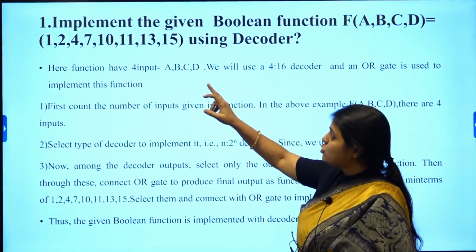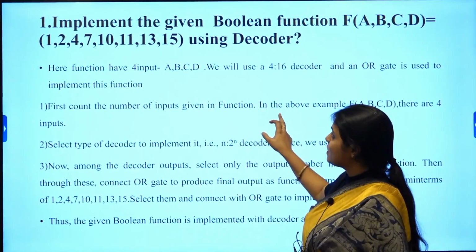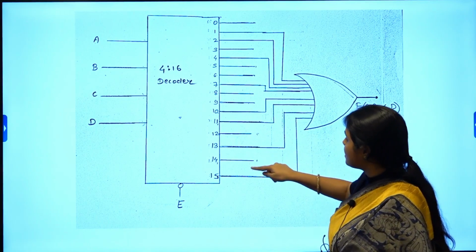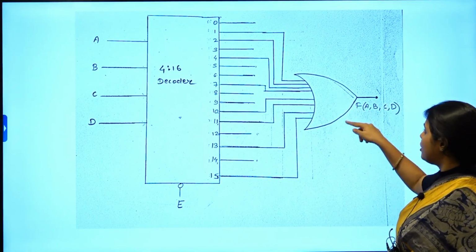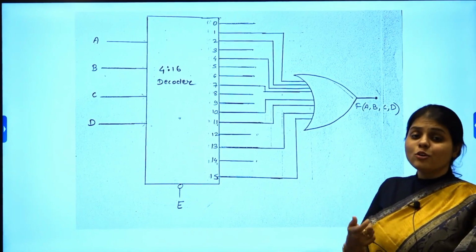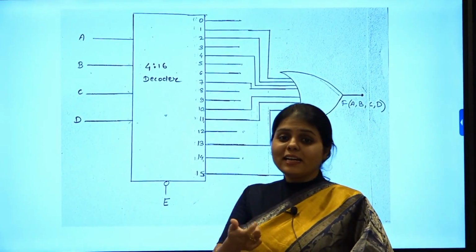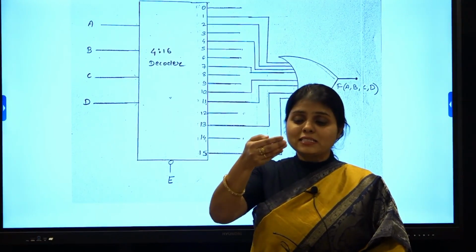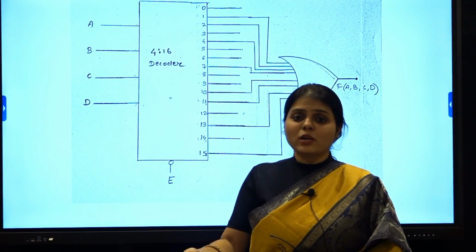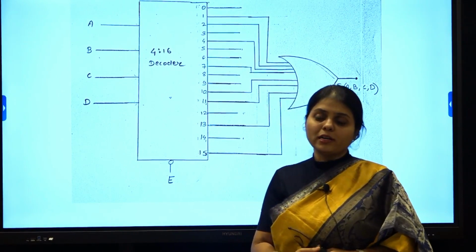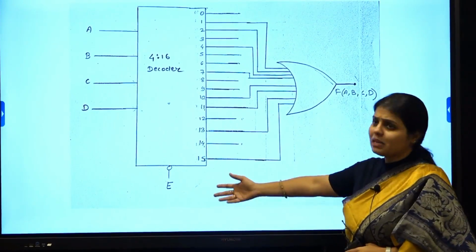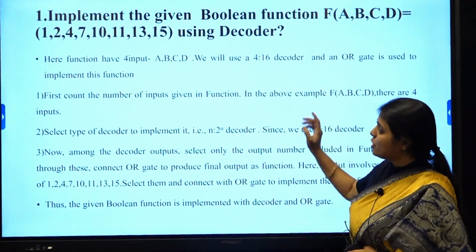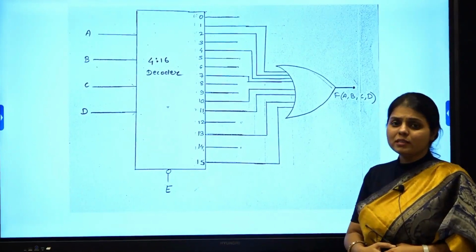So 1, 2, 4, 7, 10, 11, 13, 15 are together given to one OR gate, because the decoder has all the AND gates together. Each minterm represents one AND gate, and for selecting all the minterms and adding them together we require one OR gate. This is an enable input, which is optional. This is how we implement this Boolean function using a decoder circuit.